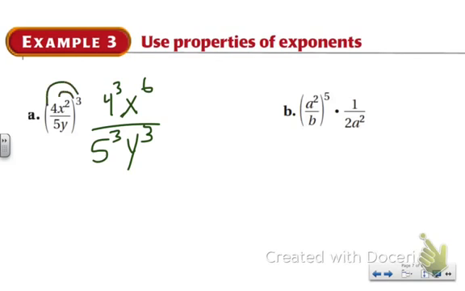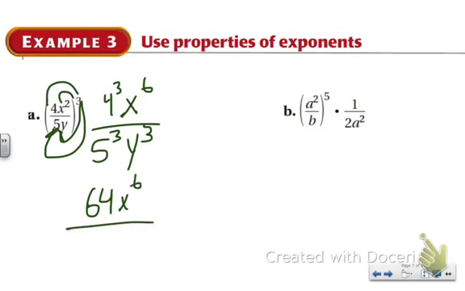So don't forget that it has to go to both on each part. So see, these are some of the more tricky ones. Well, 4 cubed is 64, x to the sixth, and 5 cubed is 125, y to the third.